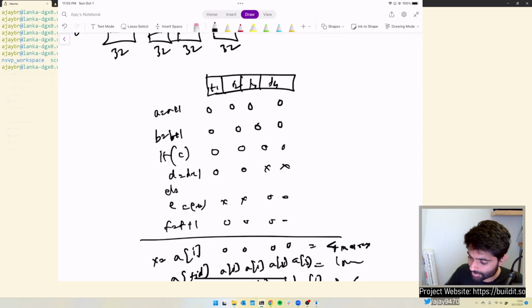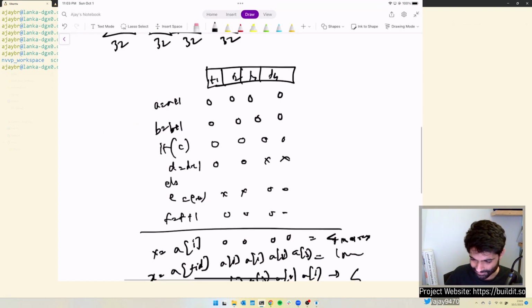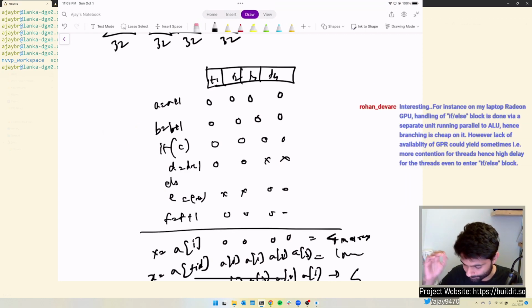You ideally want to merge them back again. So when you reach f equals f plus 1, where all threads are now doing the same thing, they have to be actually merged again, and that doesn't happen automatically. The hardware cannot automatically figure out that this thread is going to be merged with the other. So they basically have to insert instructions in the software to merge them.